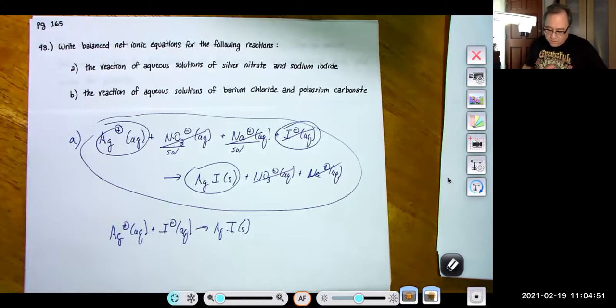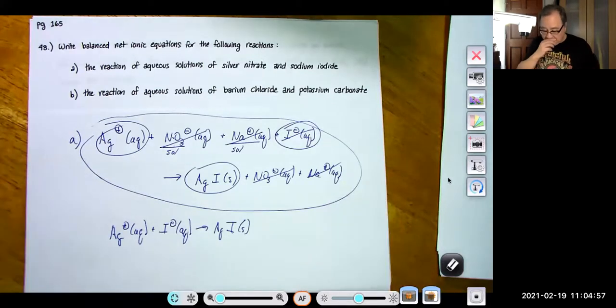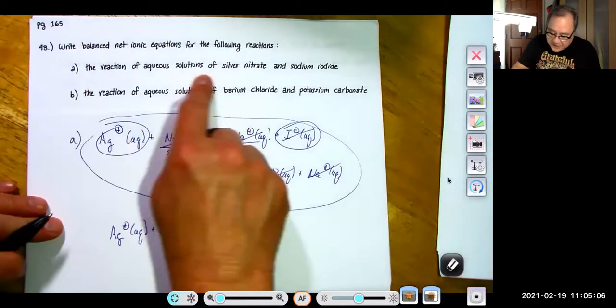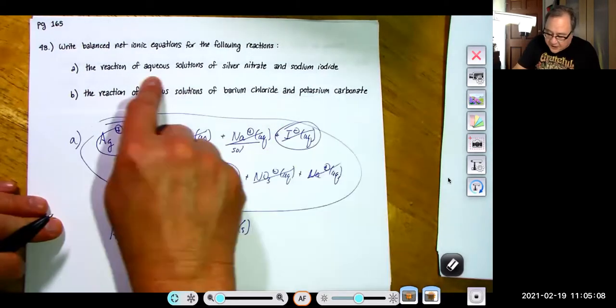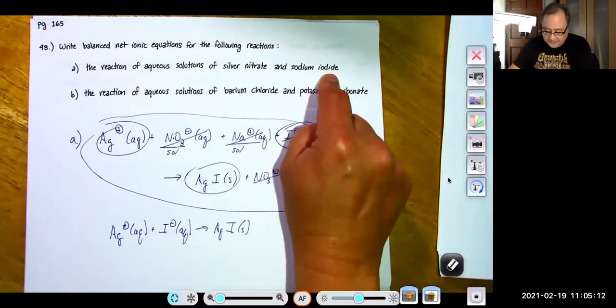Now, why do you think I gravitated towards this being a precipitation reaction instead of, say, a redox? And I'll tell you the answer. If you look at this, I don't see any evidence of a pure neutral element. So I don't think it's a redox.